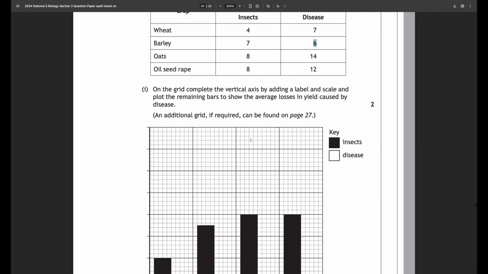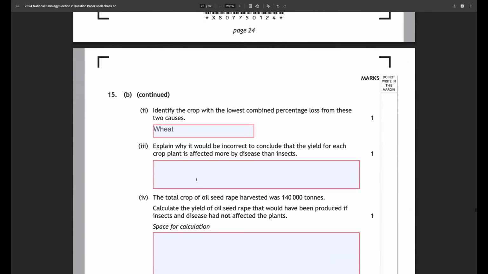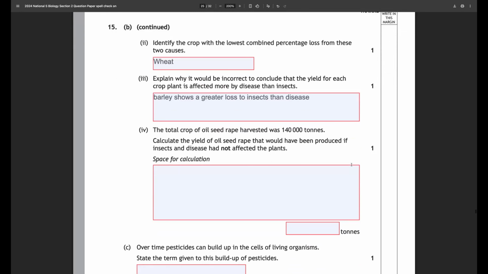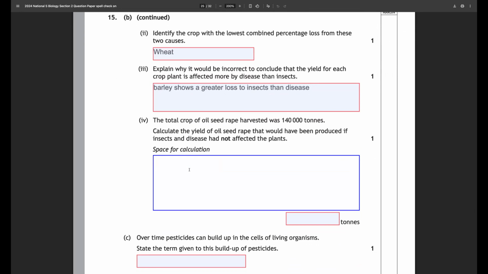Okay, so because the barley is the exception to a rule, we cannot conclude that the yield is affected more by disease than insects, okay? So barley shows a greater loss to insects than disease. It is the exception. All the other ones show a greater loss to disease than insects, except the barley.